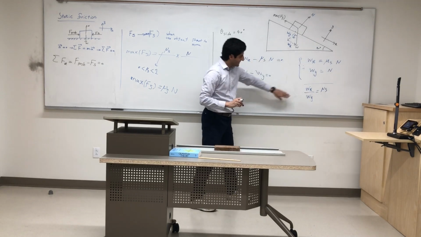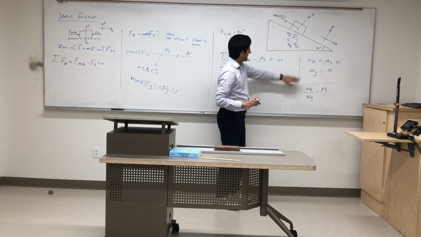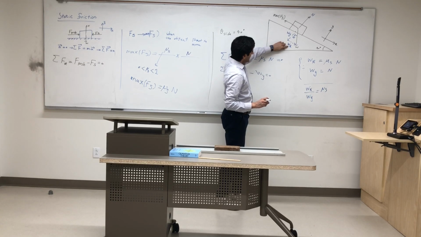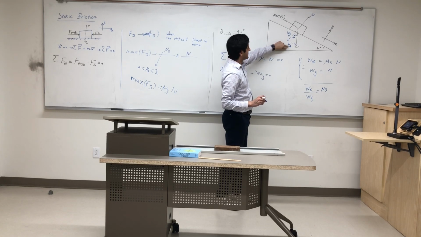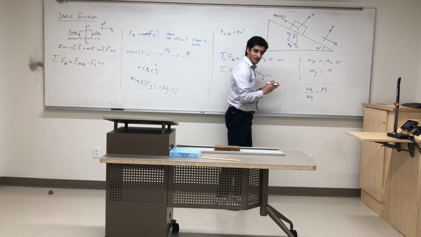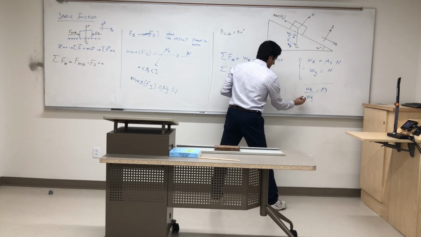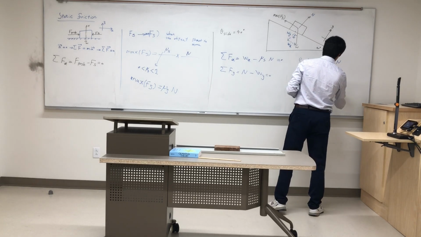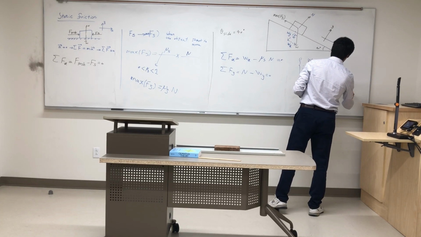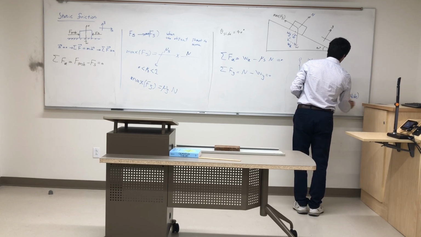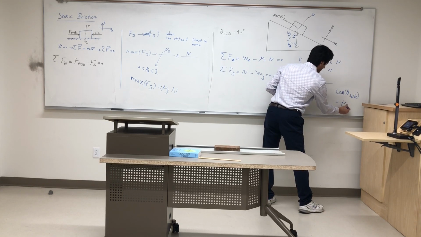But what is this? Do you remember, guys, x component of a vector divided by y component of that, what would that be? That is tangent, okay? So, tangent of theta slide would be equal to the static friction coefficient.